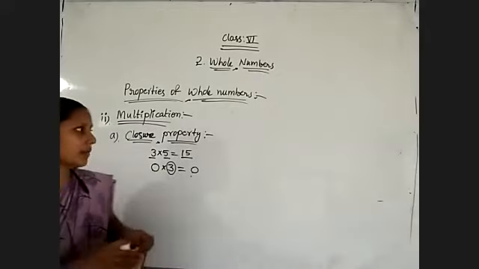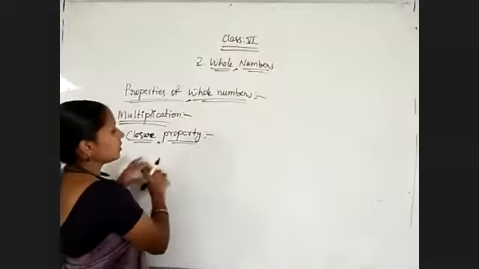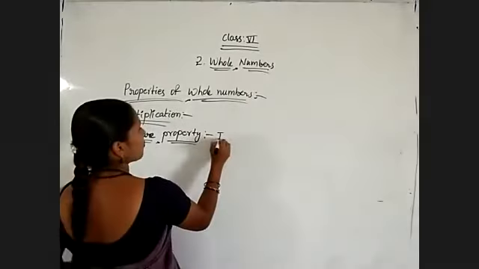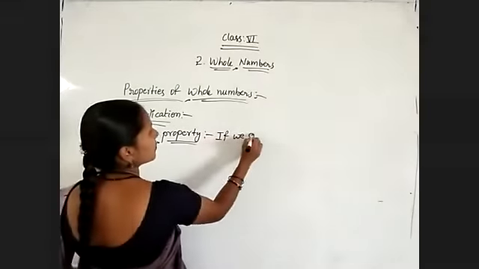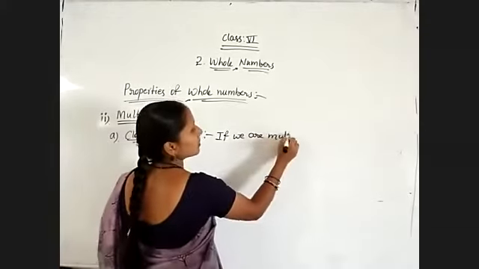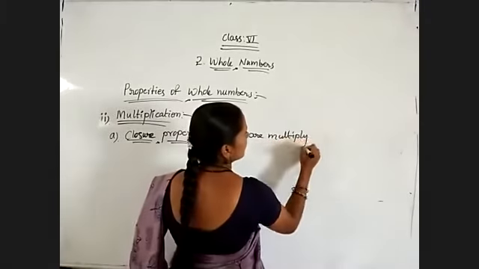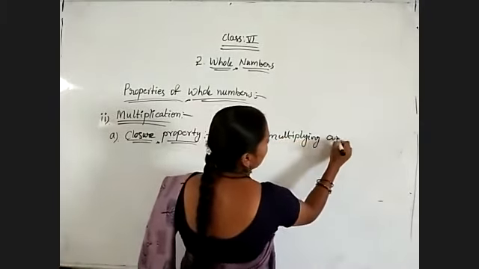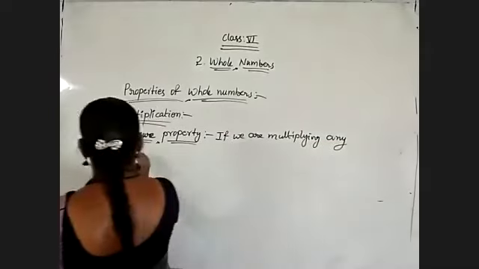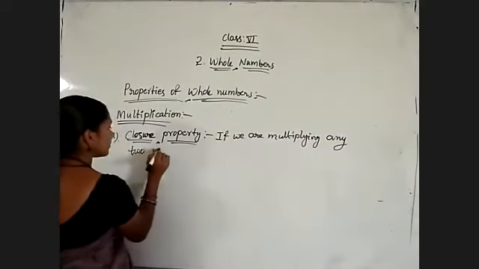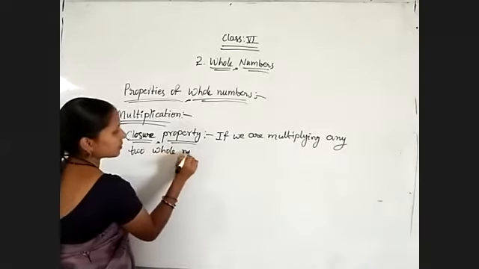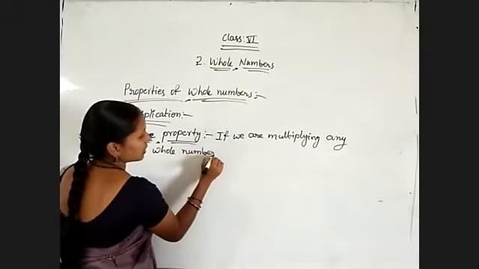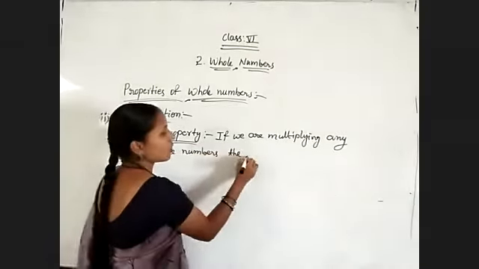So take this statement. If we are multiplying any two whole numbers, the result also is a whole number.